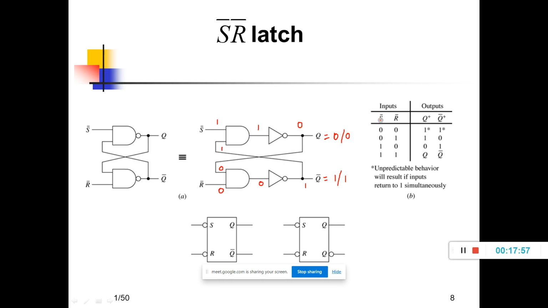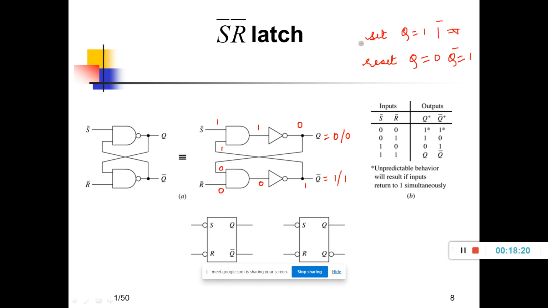So what happens? S bar 1 in the S bar R bar latch will reset the latch. I am telling you once again. Setting the latch means Q is 1, Q bar is 0. Resetting the flip flop means Q is 0 and Q bar is 1.